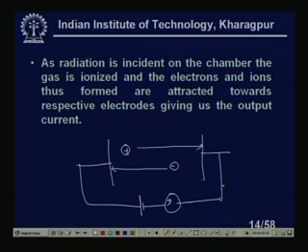How much current I get will be proportional to the ionization. The more the gas is ionized, the more current I will get, and the gas will be more ionized if more particles come and fall on the chamber. Clear?